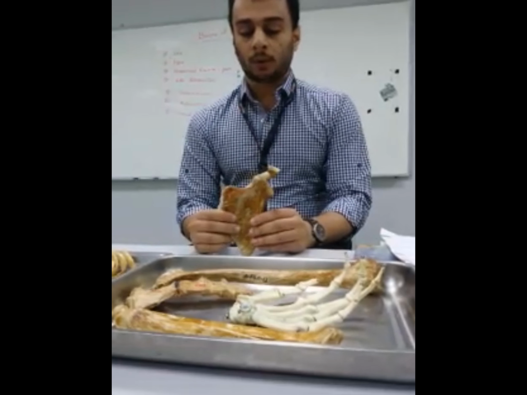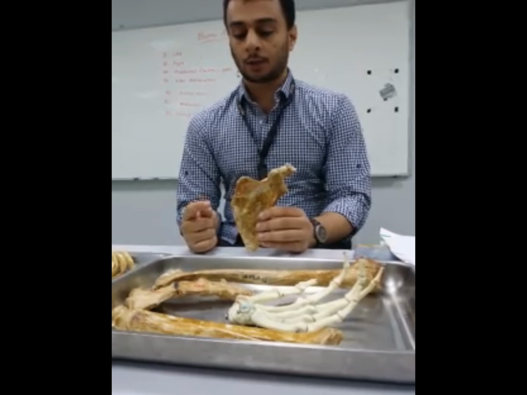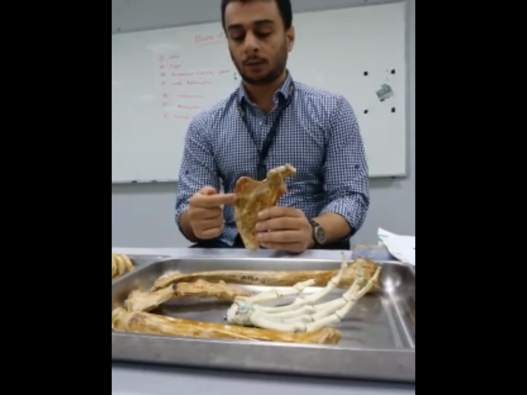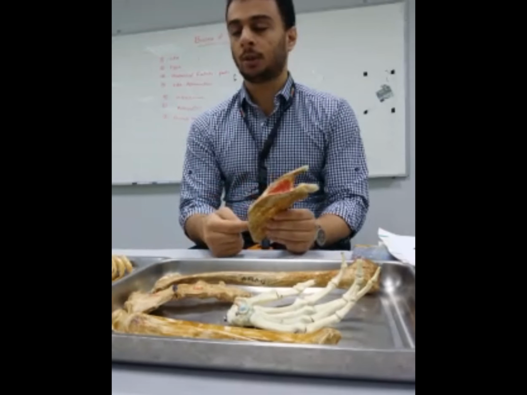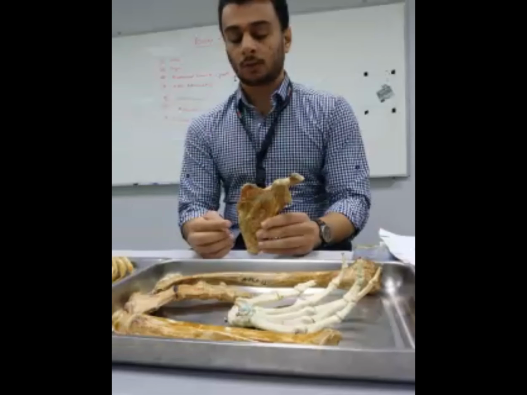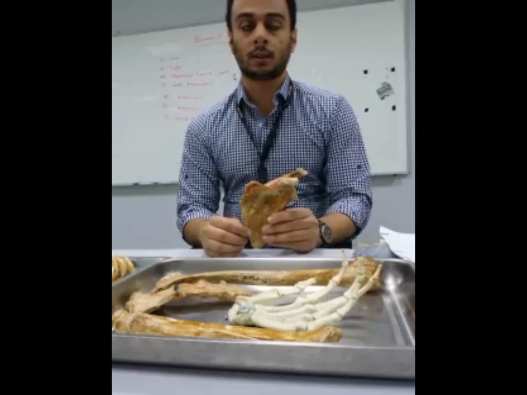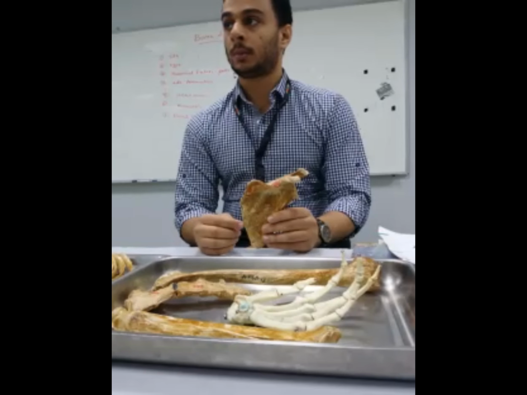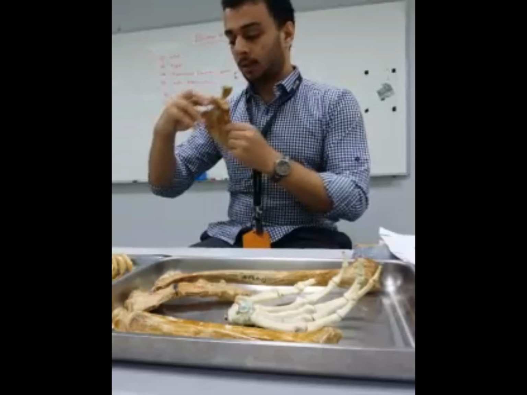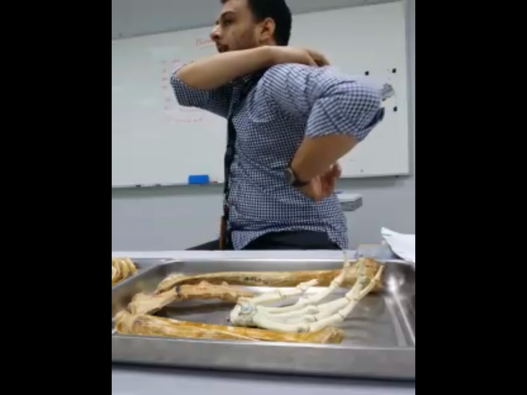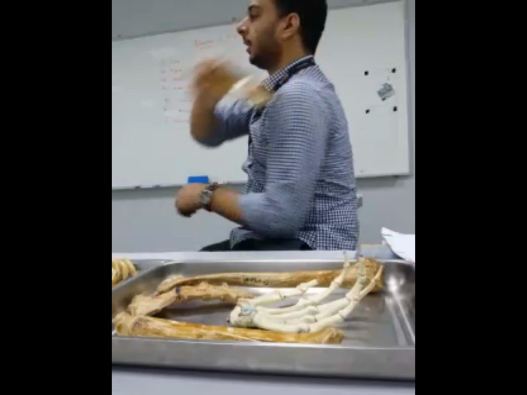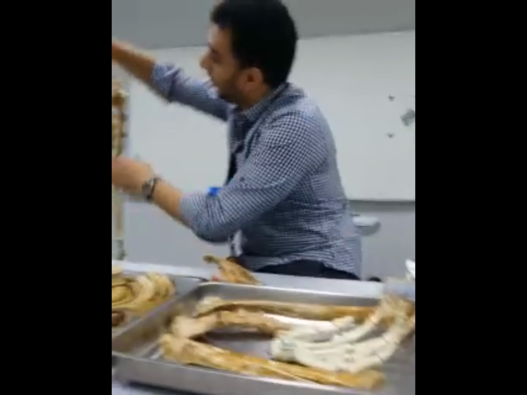Okay. For the medial border, there are attachments to the anterior and posterior surface. So attachment to the anterior is going to be the serratus anterior muscle. Okay, so basically this muscle will come from here and insert into the medial border.